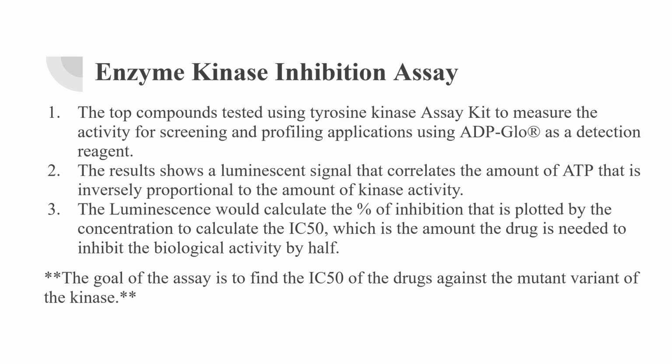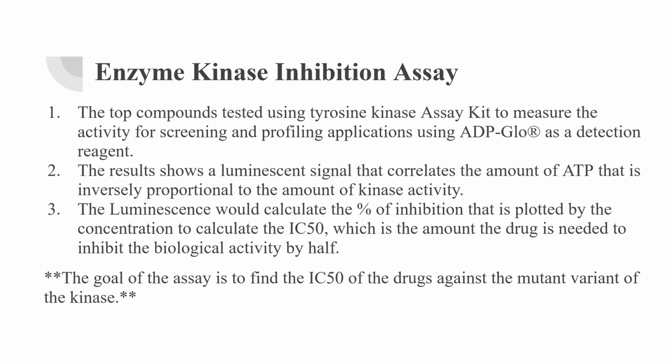Enzyme kinase inhibition assay. The top compounds are tested using the tyrosine kinase assay kit to measure the activity for screening and profiling applications, using ADP-Glo as a detection reagent. The result shows a luminescent signal that correlates with the amount of ATP, which is inversely proportional to the amount of kinase activity.